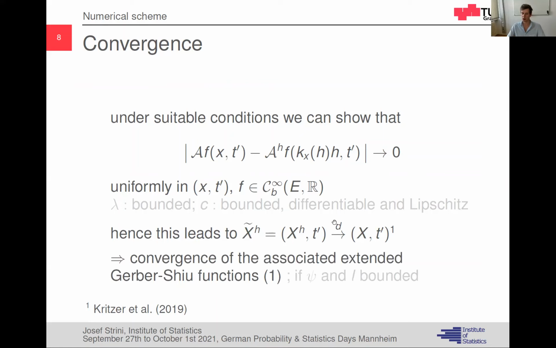And this in turn yields the convergence of the associated extended Gerber-Shiu functions. So also the conditional expectations converge. And this means that we really can approximate the solution by approximating the solution of this PIDE.